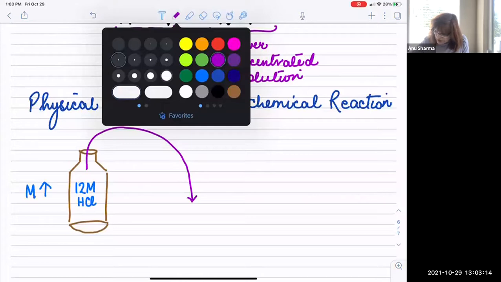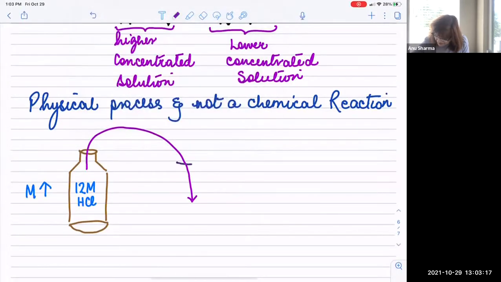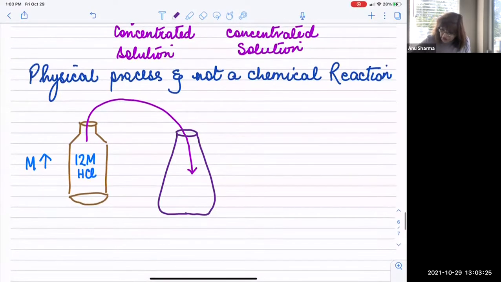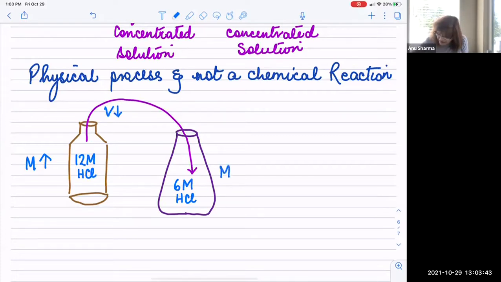You are creating a solution for a set of students coming into the lab, or for your reactions, that is not 12 molar but, let us say, 6 molar HCl. So you take a small amount. This is the volume, but it is less. Here you are creating a solution where the molarity is low, but the volume is high.